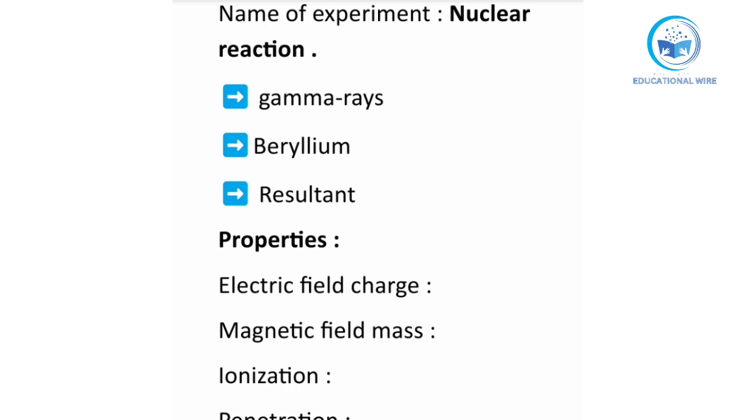So let's understand first the electric field charge. In electric field, what happens? This is a neutron, the one neutron that we are having remaining. Right over here we are having the magnetic field, positive electric field, positive and negative charge.